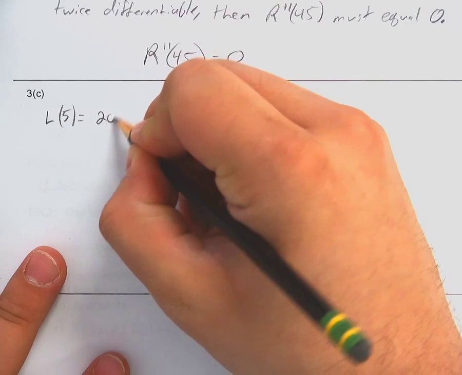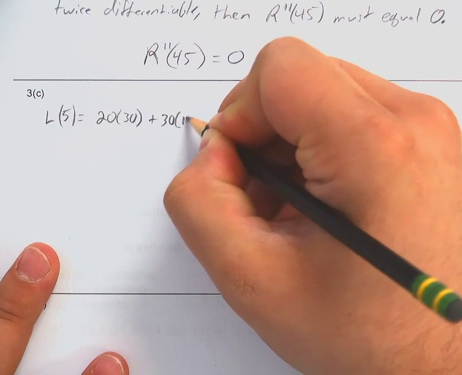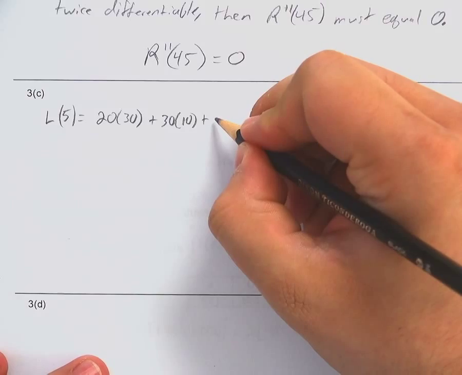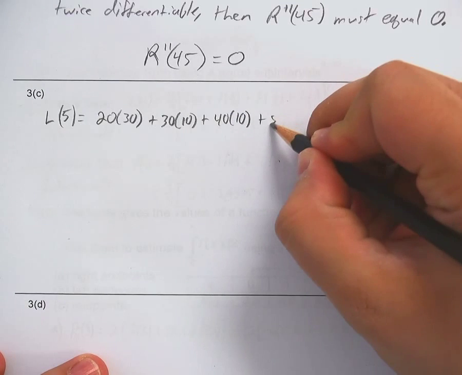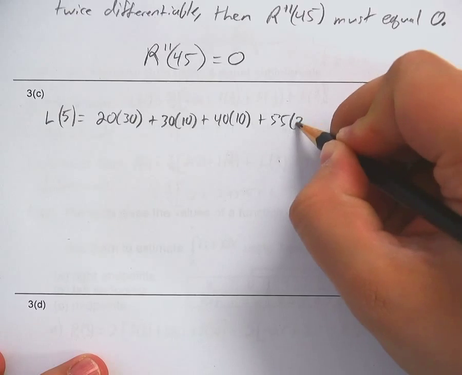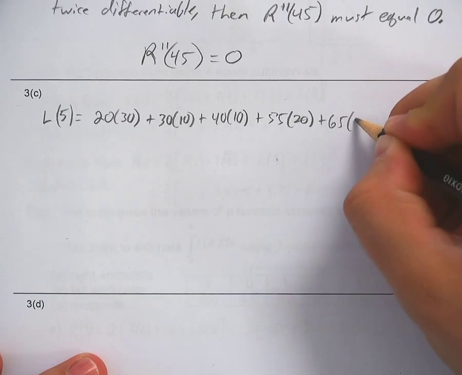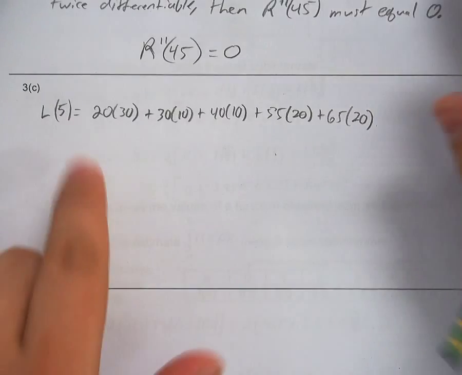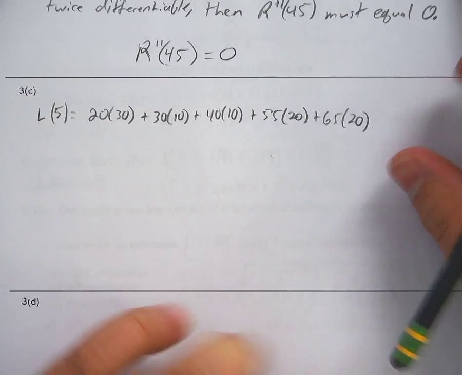So it's 20 times 30 plus 30 times 10 plus 40 times 10, 55 times 20, 65 times 20. This is the height and the width of each one of the rectangles.